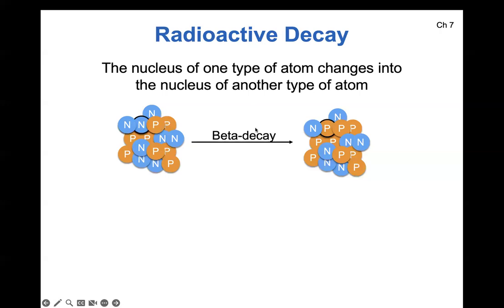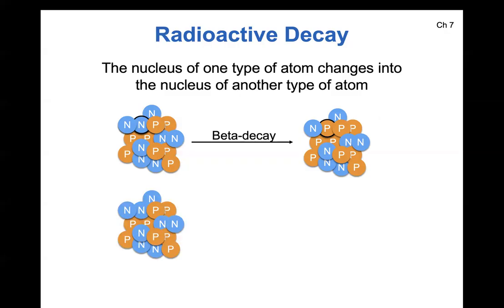Okay, and it involves the release of a tiny particle, but no change in the number of neutrons and protons. So no neutrons or protons, which are much bigger than the tiny particle that I mentioned. By the way, the tiny particle is, in this case, an electron. There's also another version of beta decay where the tiny particle is something called a positron, but don't worry about it. But here, going from a neutron to a proton, what we care about is that the number of neutrons and protons stayed the same.